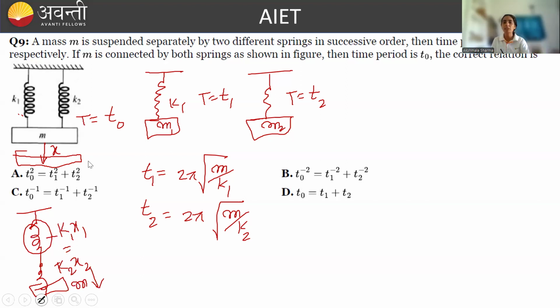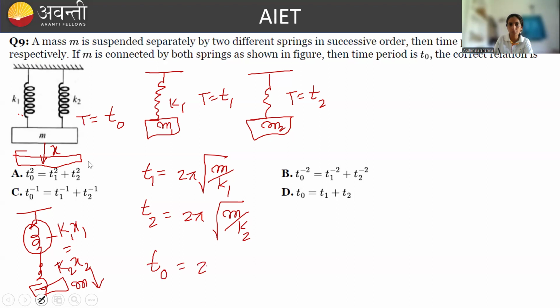So in series combination tension is same, and in parallel combination what is same? Displacement is same. But in parallel springs will get added like what? It will get added like series. ठीक है.